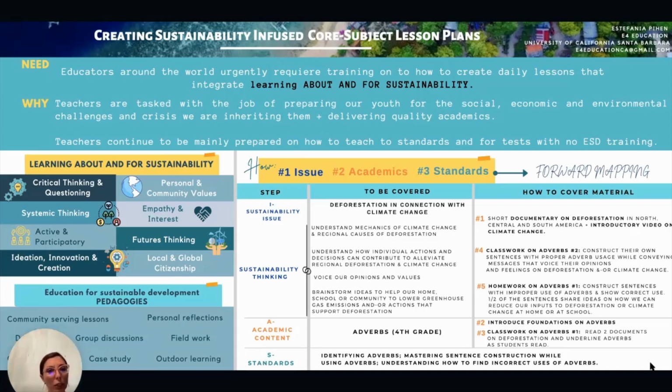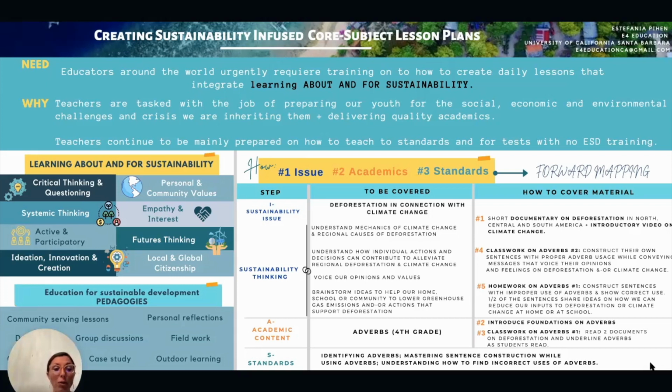So what is learning about and for sustainability? Well, we know that there are different things that can be considered depending on where you are in the world, but there are a couple that we could say are fundamental components.